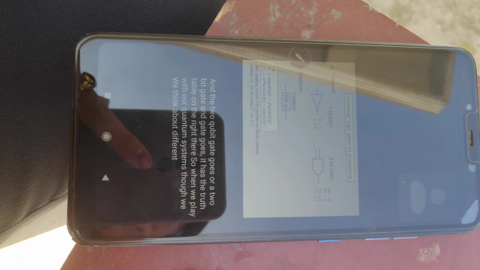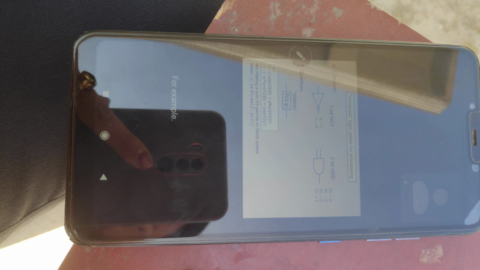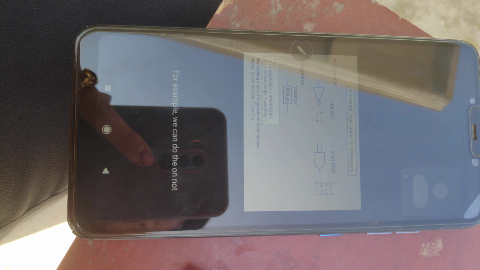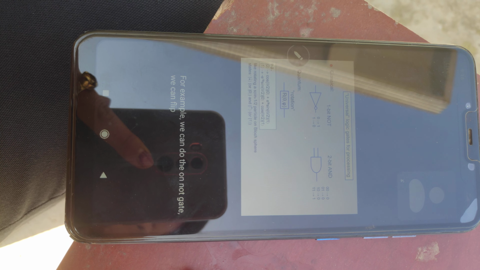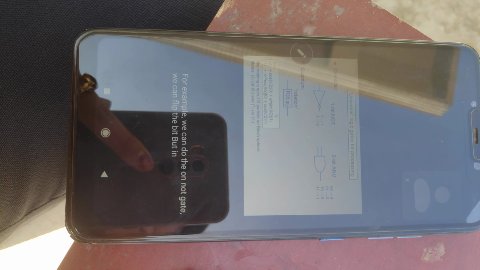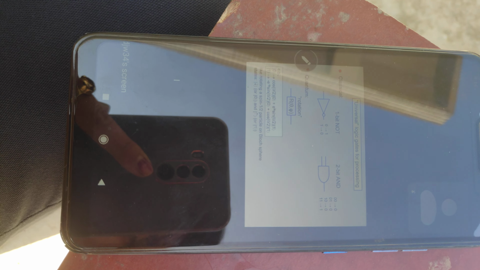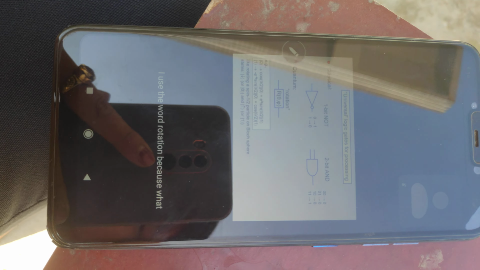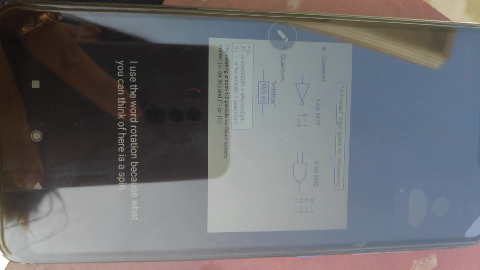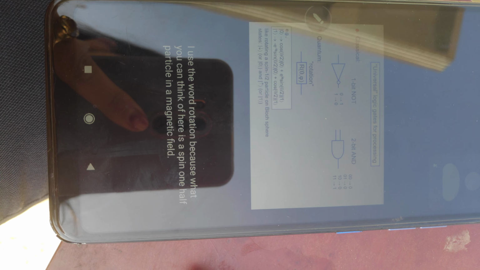So for example, we can do a NOT gate, we can flip the bit, but in general, when we apply these rotations, and I use the word rotation because what you can think of here is a spin one-half particle in a magnetic field, and in general, the particle, when it's measured, will be pointing along the magnetic field.